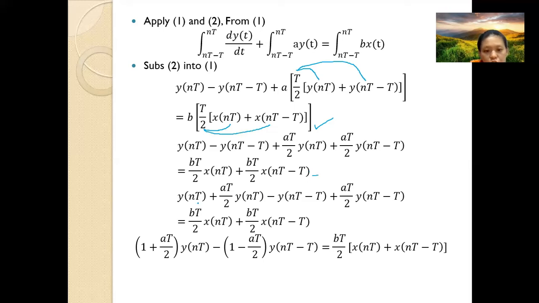After that, we arrange all the y(nT) together, y(nT minus T) together, and also x(nT) and x(nT minus T). Then we factor out the same y(nT), so we will have 1 plus aT divided by 2. And here also 1, so it's 1 minus aT divided by 2. Here is positive, we take out, so we get minus, here also minus, so we get positive. Then bT divided by 2 times x(nT) plus x(nT minus T).